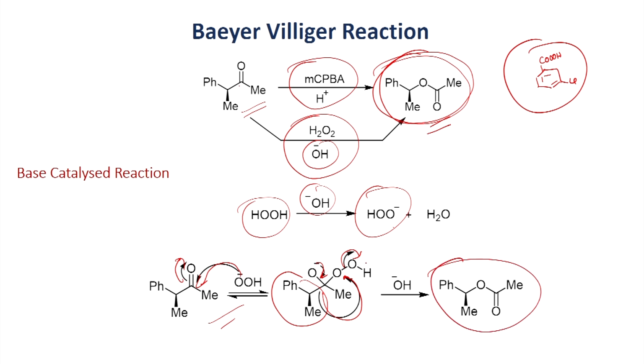Among these, migration of this group is more favored compared to that one, because this is more nucleophilic, it can undergo migration to the electrophilic oxygen, and then you will be able to get the ester as the product. This is the reaction mechanism in the case of the base catalyzed reaction, when you have hydrogen peroxide in the presence of base reacting with the ketone to form the ester as a product.